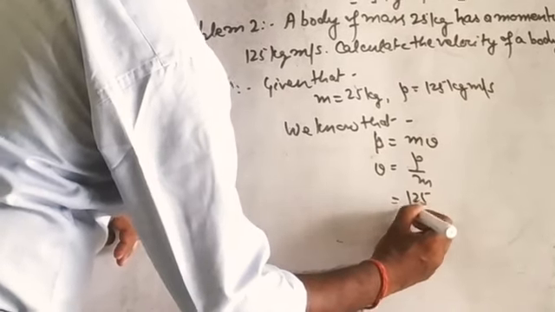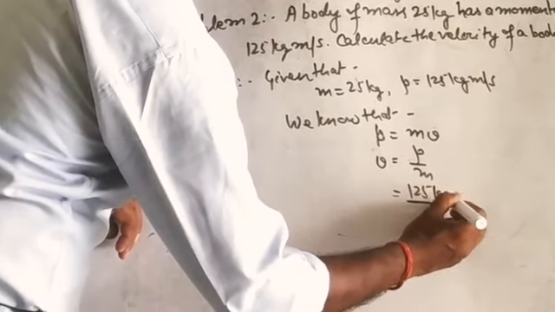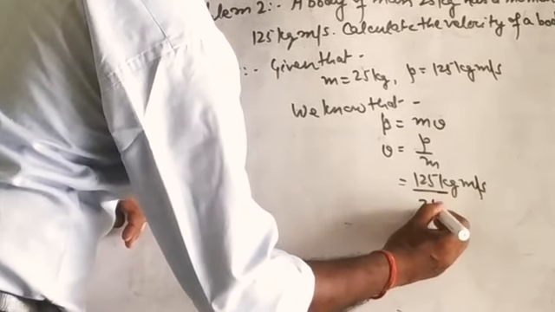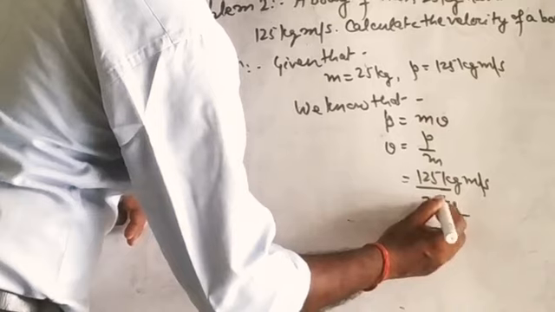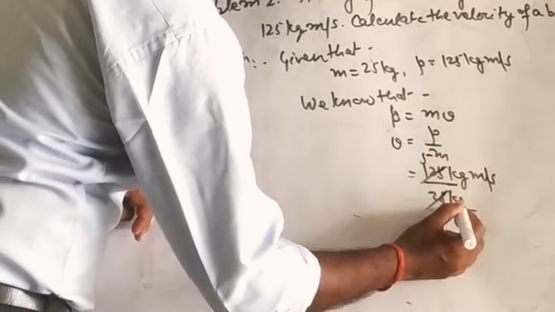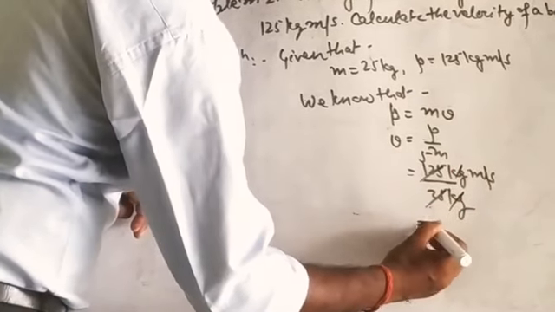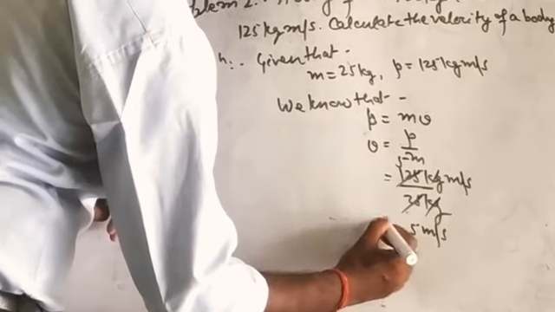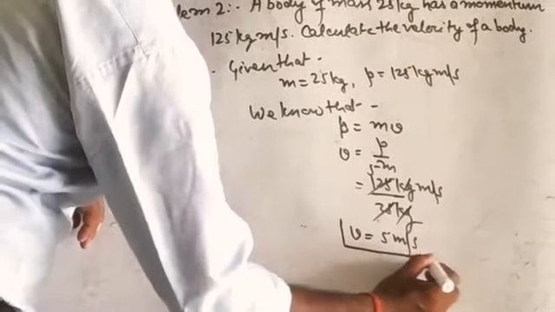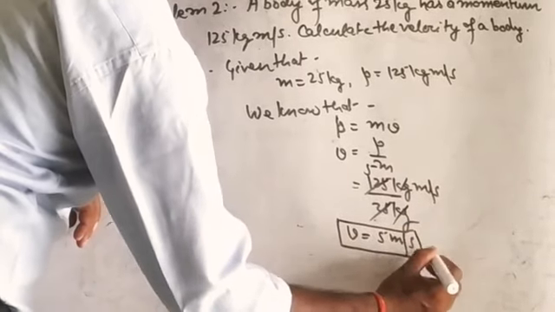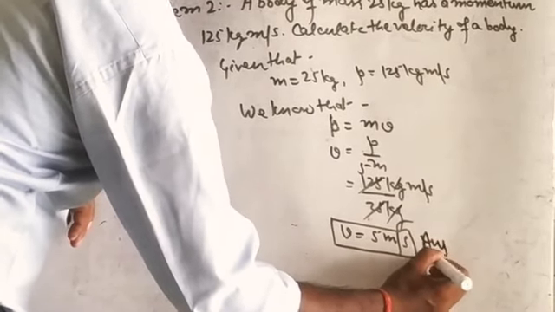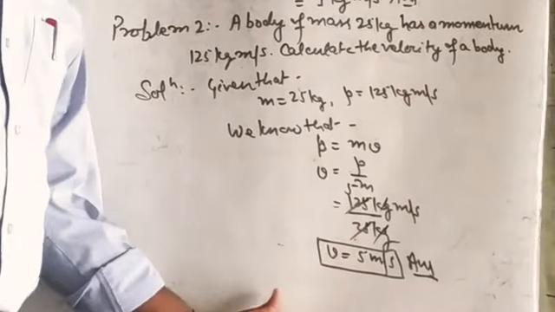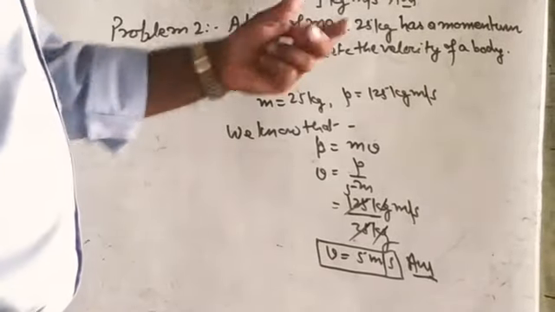That is 125 kilogram meter per second divided by 25 kilogram. 25 times 5 is 125, kilogram cancels kilogram. 5 meter per second. That is your answer. v is equal to 5 meter per second. In this way we calculate the answer. Very simple questions in this chapter, not very complicated. This is a very easy way you can calculate.